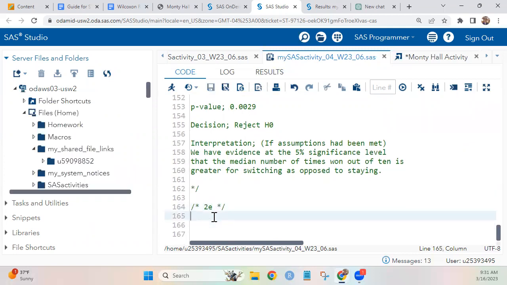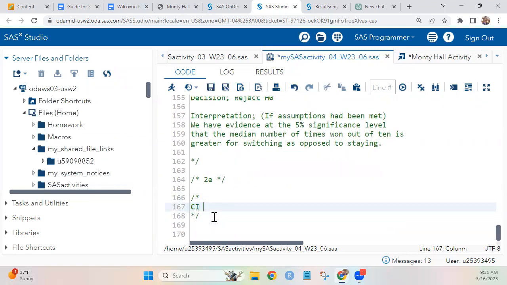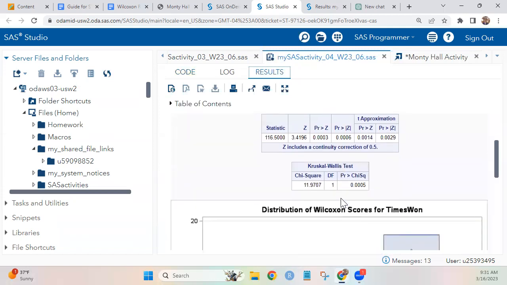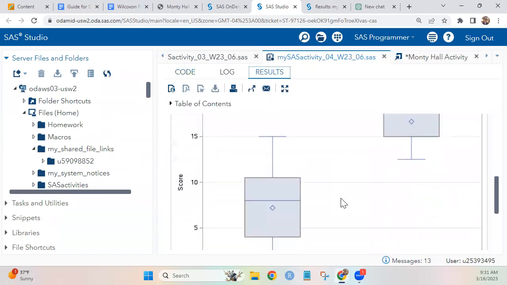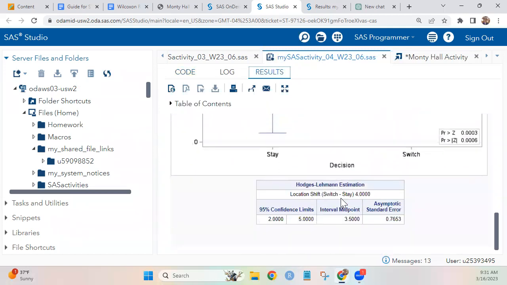Okay, so for the confidence interval, let's get the limits, the lower and upper bound. You have to scroll to the bottom here. And it just gives it to us like this, 2 and 5.